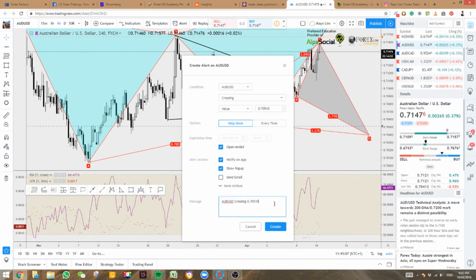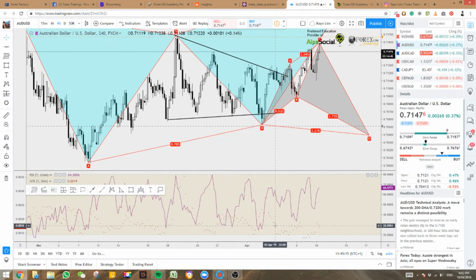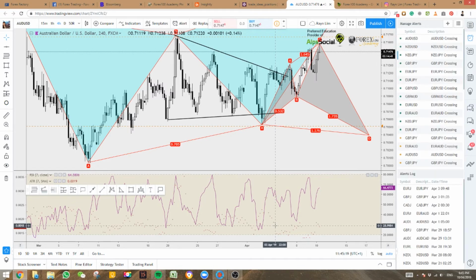Then I'll be waiting for the buying opportunity on a sharp pattern. Does it make sense to you? So I'm looking for a buying opportunity over here.